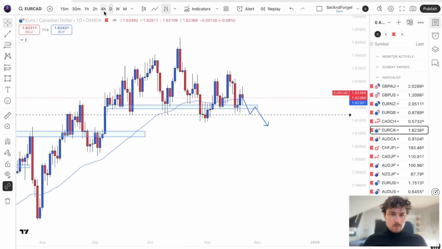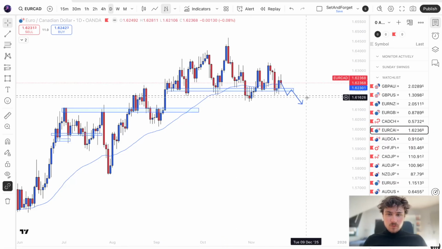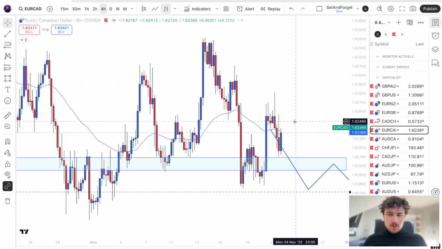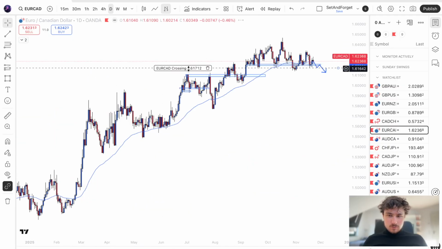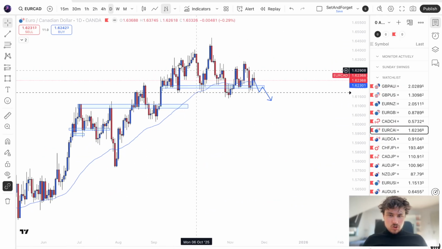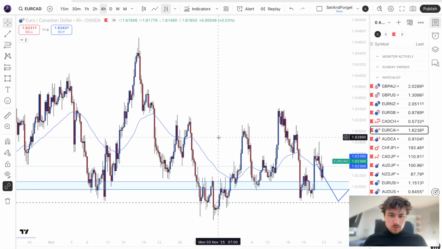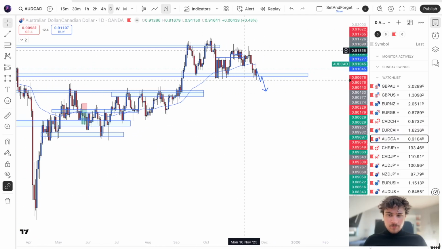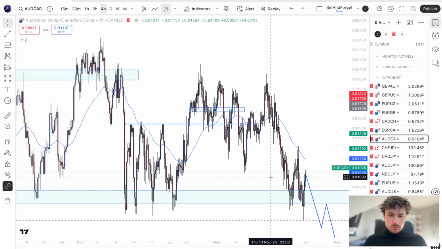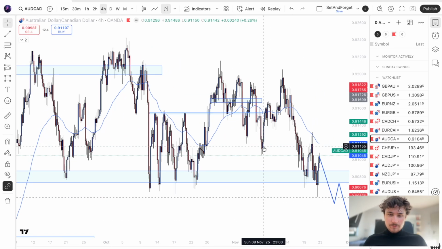And now we have Euro CAD. So it switched as a base currency. So here we want a move below this area of interest and then shorts. It has to be very clean though for me to take. AUD CAD I like even more than Euro CAD. Move below.